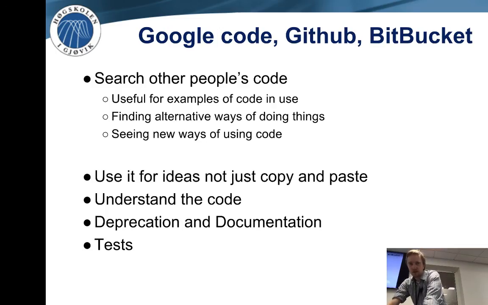And use Bitbucket and GitHub and Stack Overflow, same story as with all the other courses. I mean, we can teach you some things, but there is a lot of information out there which makes sense to use. So do use it. For the assignments, you probably don't need to quote code that you're reusing.